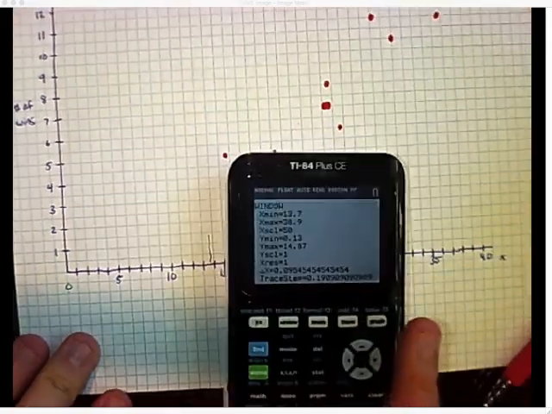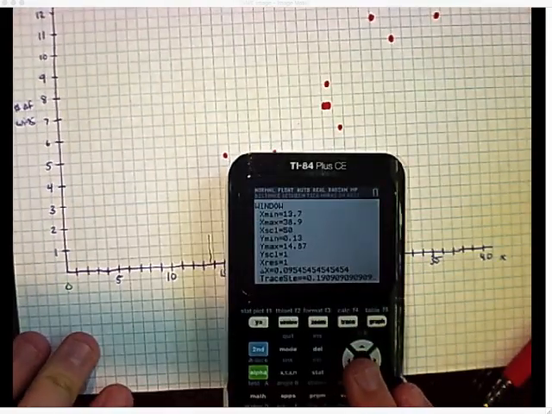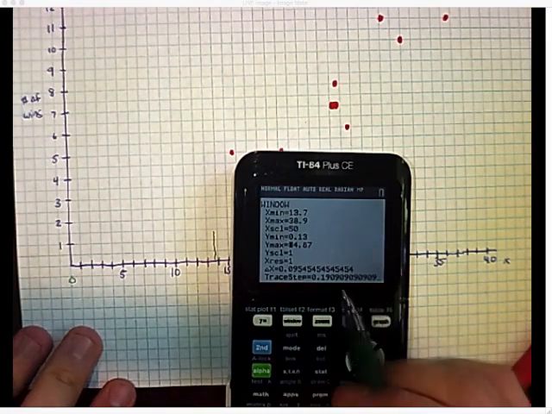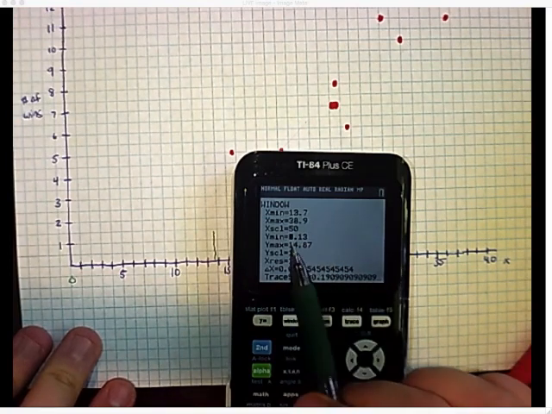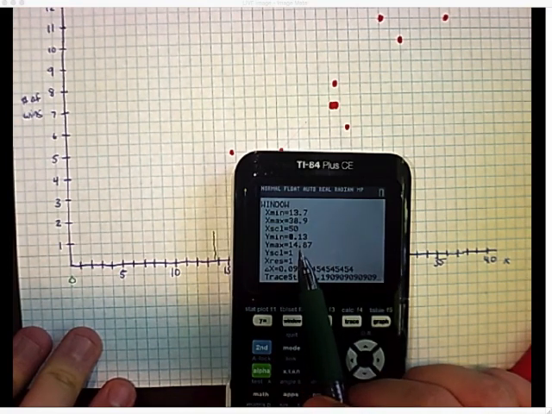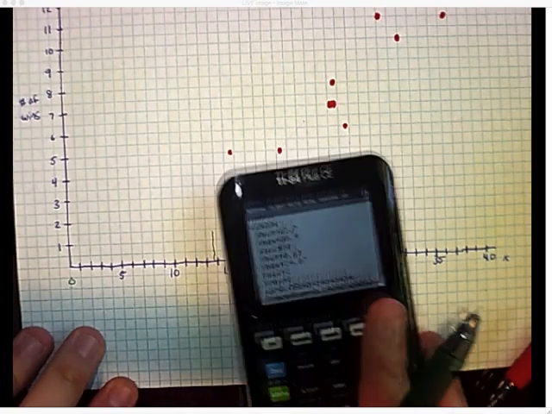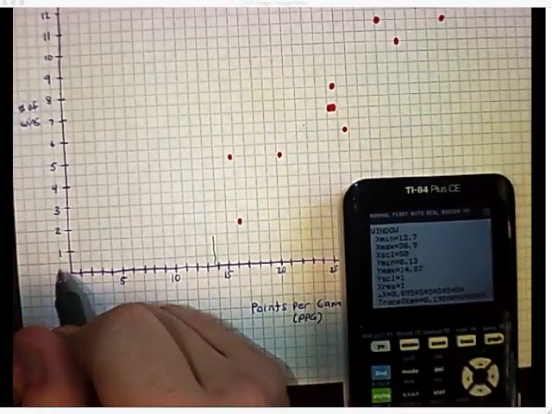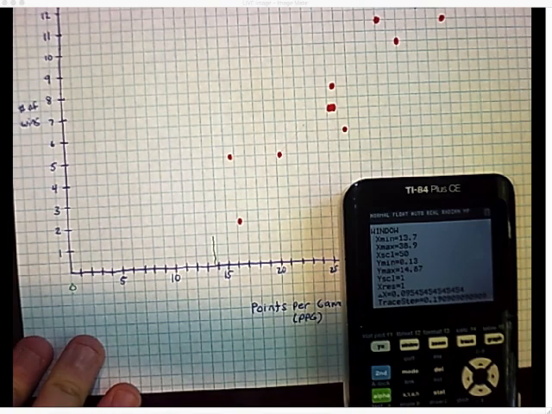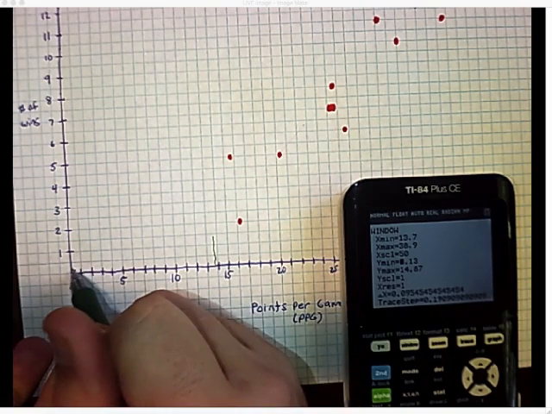And then on the Y values, they started at 0.13, really close to 0, and they went up to almost 15. So they took out just a little bit of it. 0.13 might be around right there.